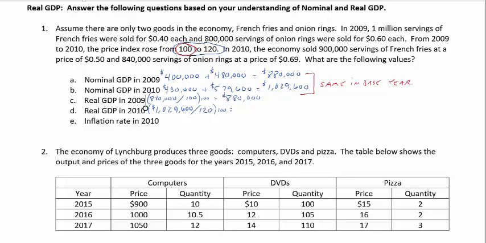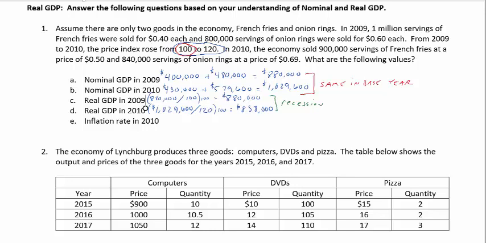And so, pull out my trusty calculator. 1,029,600 divided by 120 times 100 gives me $858,000 worth of output. Now if you look at the 2 years and compare them, we see that the output has decreased. So we are in a recession. Alright? So that's how you answer A through D.